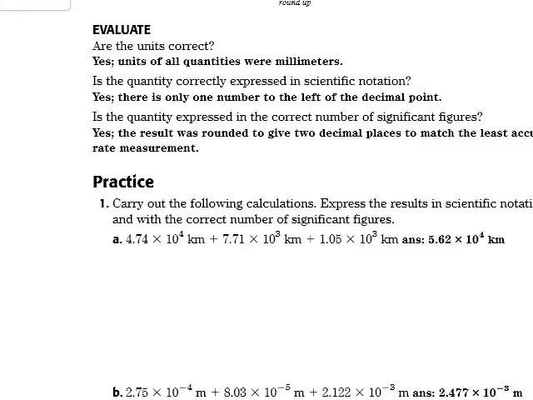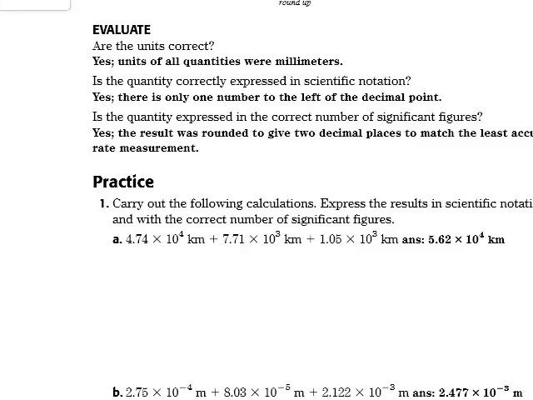Okay, what did you get? Did you get what the answer says? How many people did not get 5.62 times 10 to the 4th? I got 5.616. Okay, well, who did not get 5 point something?